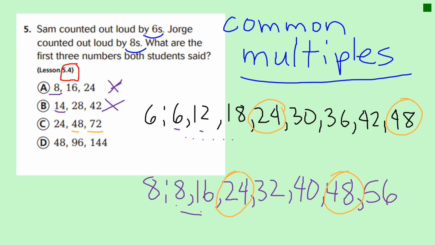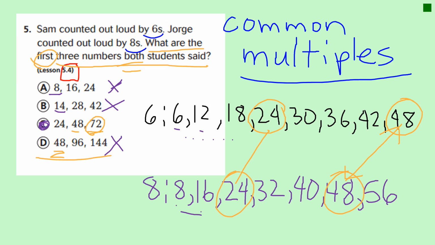Well, before we check for 72, let's look at choice D. It says, what are the first 3 numbers both students said? Is 48 the first number they both said? No. The first number they both said is 24. The second number they both said is 48. So we can eliminate choice D also.